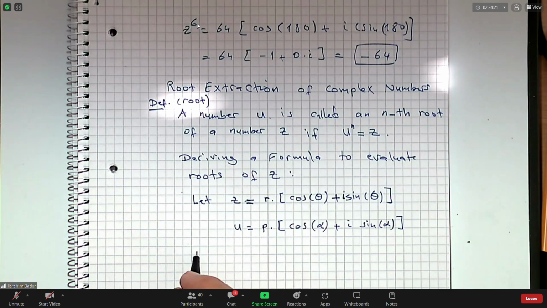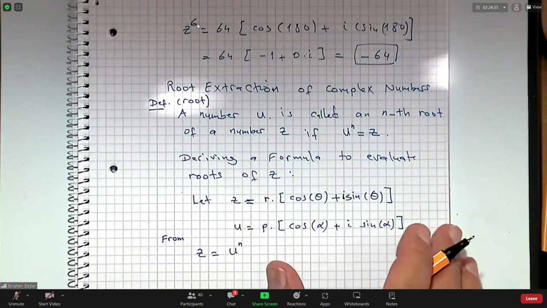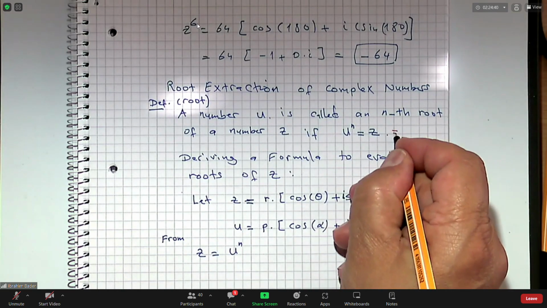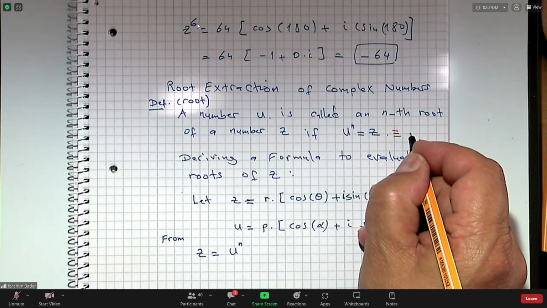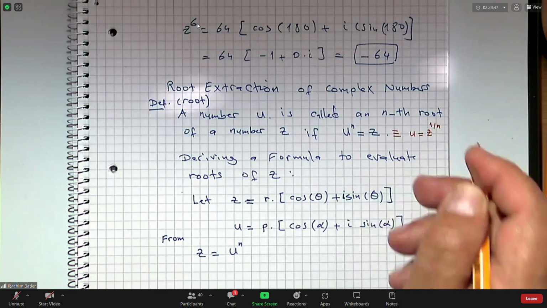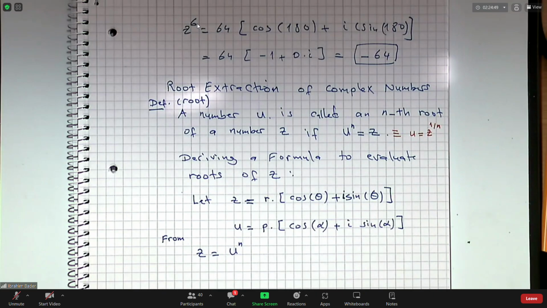That means z equals u to the power n. This is equivalent to u equals z to the power 1 over n. So that's why u is an nth root. These two are equivalent.